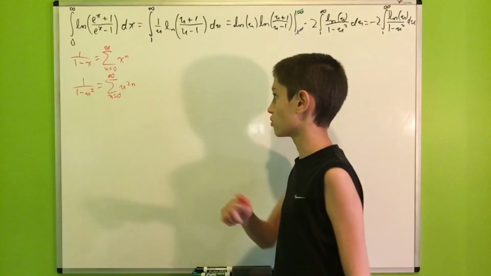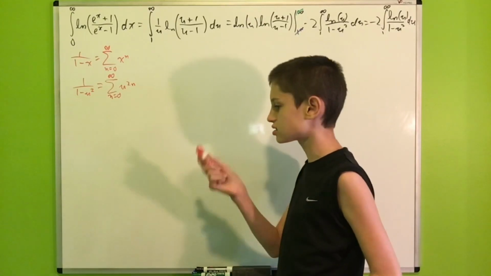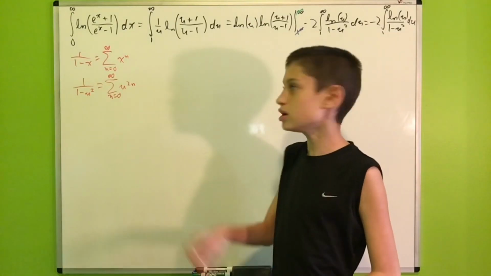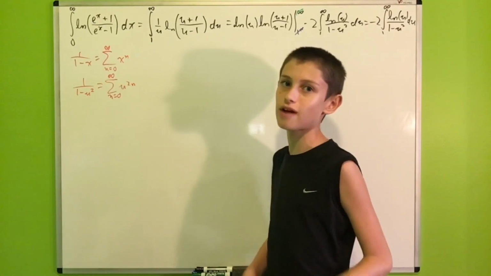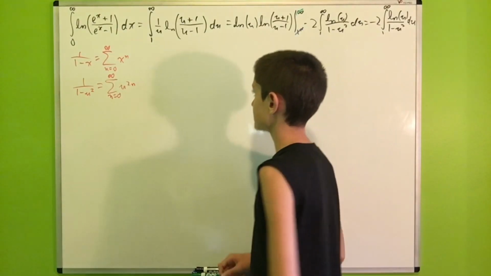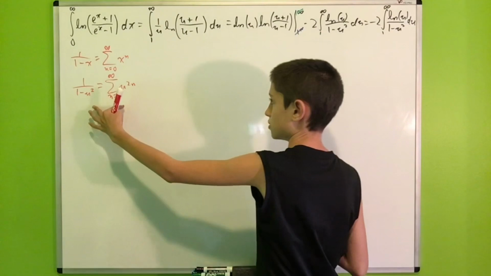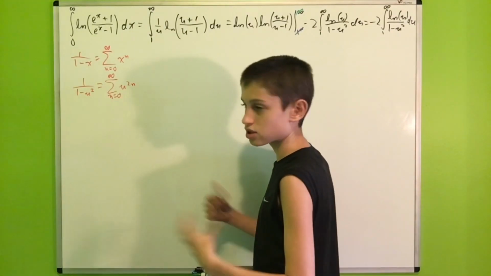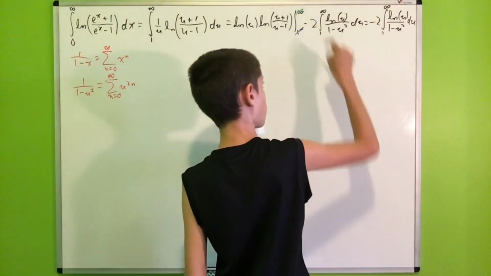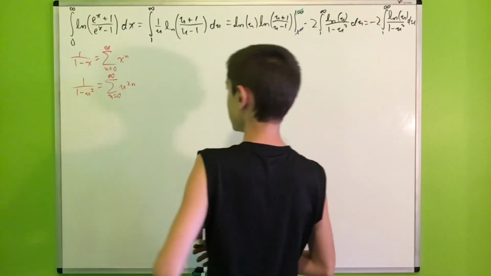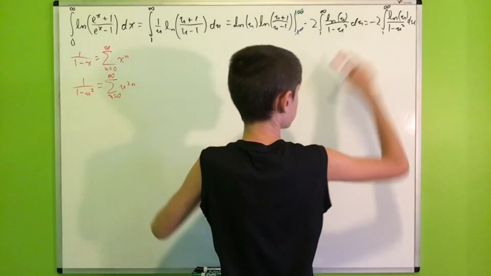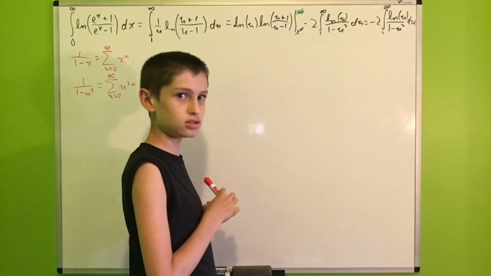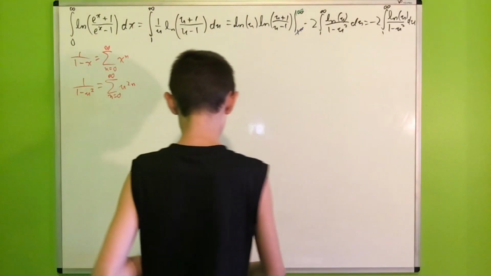You can use the ratio test, the root test, or the geometric series to verify that. But as I said, this converges from -1 to 1 exclusively, and we're integrating from 1 to infinity. So we can't plug this series into our integral, but what we can do is introduce a substitution.